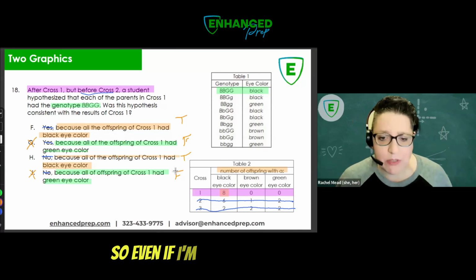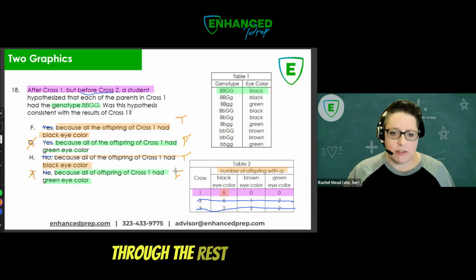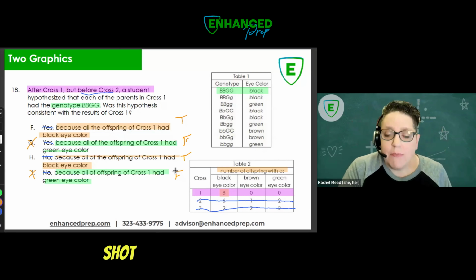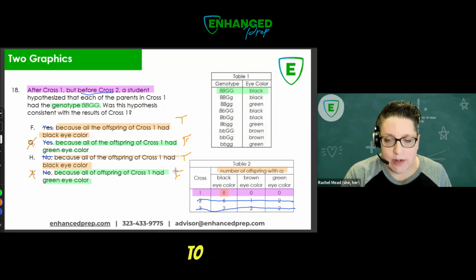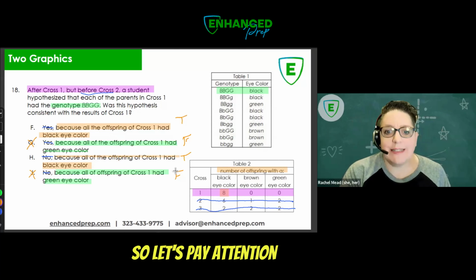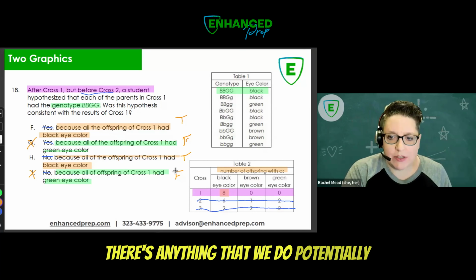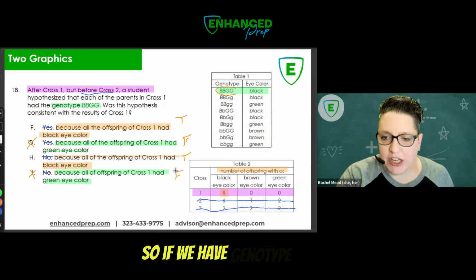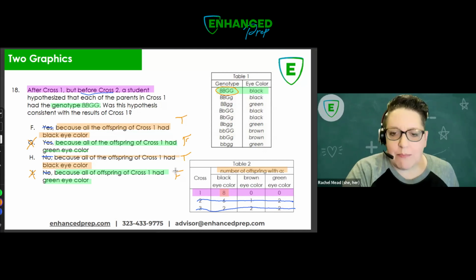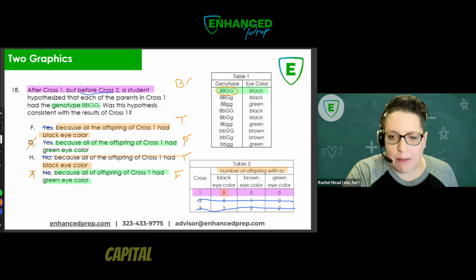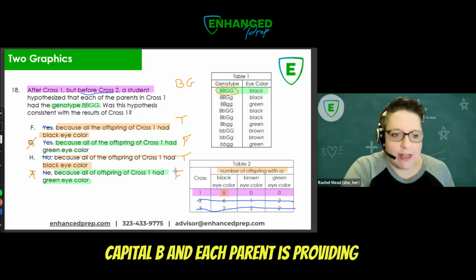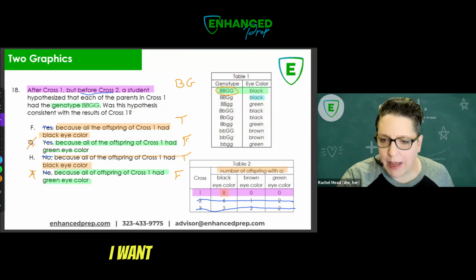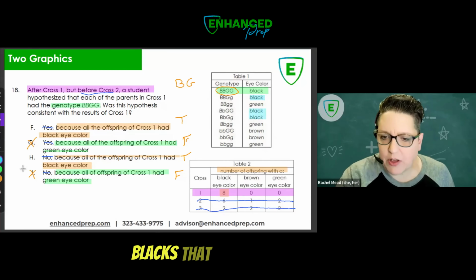So even if I'm struggling with getting through the rest of the question, it's telling me, hey, I'm down to a 50-50 shot by doing next to no work and next to no analysis. So let's pay attention and see if there's anything that we do potentially notice about our black eye color. So if we have genotype BBGG, that means each parent is providing a capital B and each parent is providing a capital G. Even if I struggle a little bit more, I want to pay attention to all of these blacks that are coming in here.